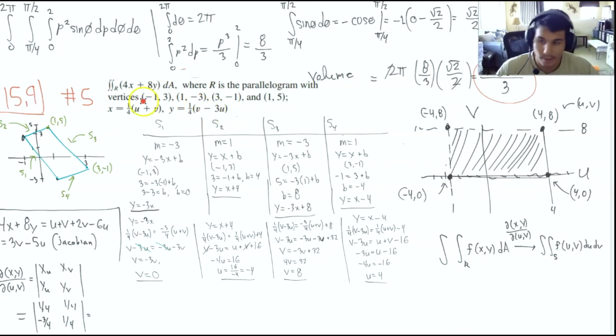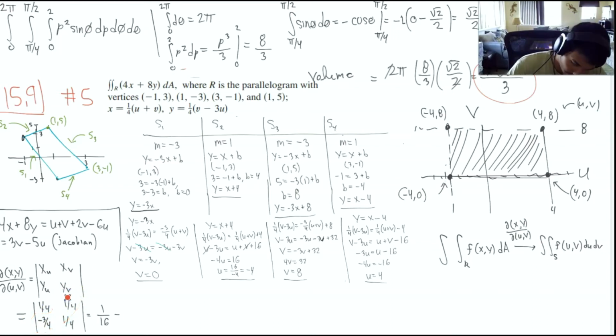So if you don't know how to do these, what you do is you multiply these guys, like you always go diagonal, diagonal, and diagonal minus diagonal. So 1/4 times 1/4, 1/16, minus 1/4 times negative 3/4. Well, what are these? This is negative 3/16.